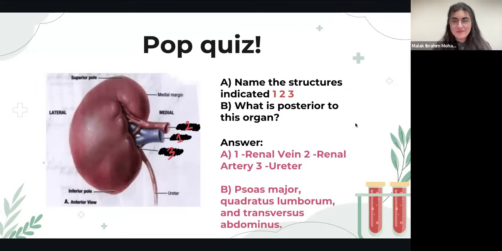Yes, you're all right. It is a right kidney because, as we said, the most anterior structure would be your vein, then your artery, and then your ureter, all the way in the back. And as you can see here, the hilum is already positioned medially, so you don't really need to reposition that. Is that clear? Can I move on?